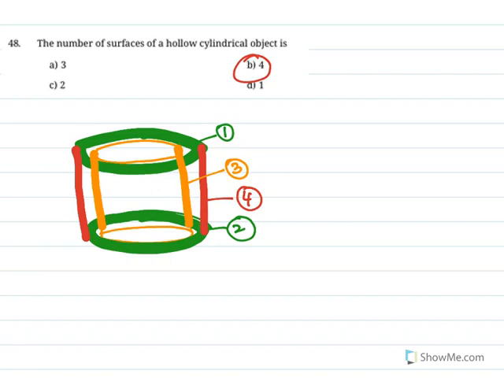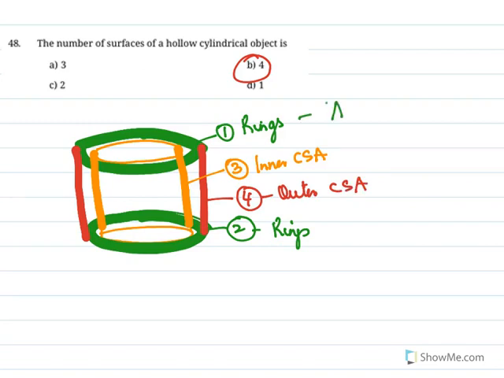The two rings, the outer CSA and the inner CSA. So these are the rings. This is the inner CSA, and here is the outer CSA. Let's write the formulas just to know. There will be pi r square minus pi r square for the ring.